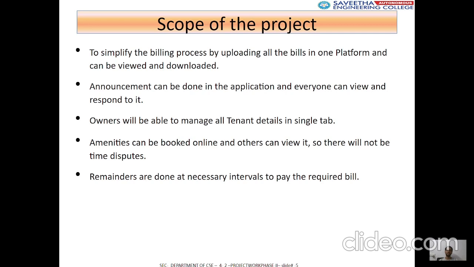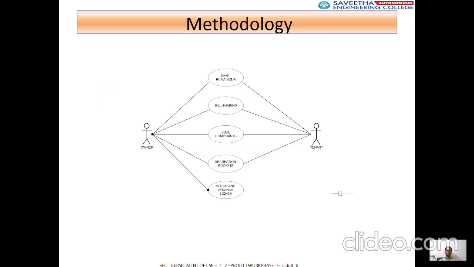They will have a particular platform to view and use the data anytime. Amenities can be booked online instead of by traditional methods. And they will get payment reminders: monthly rent, and whatever taxes and electric bills they have to pay will appear as notifications in their application.